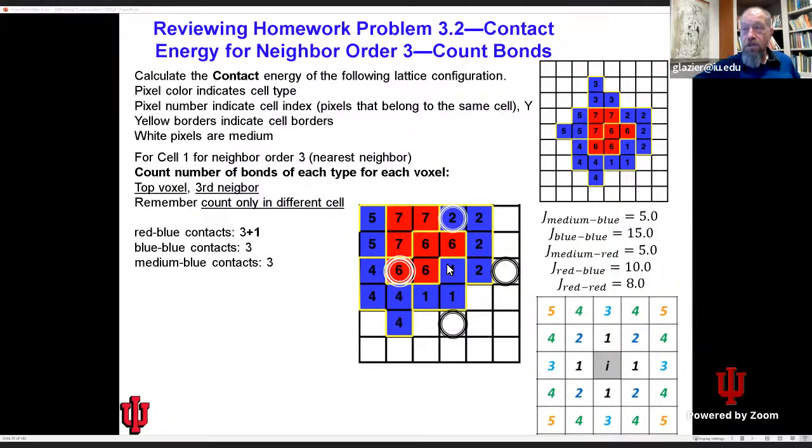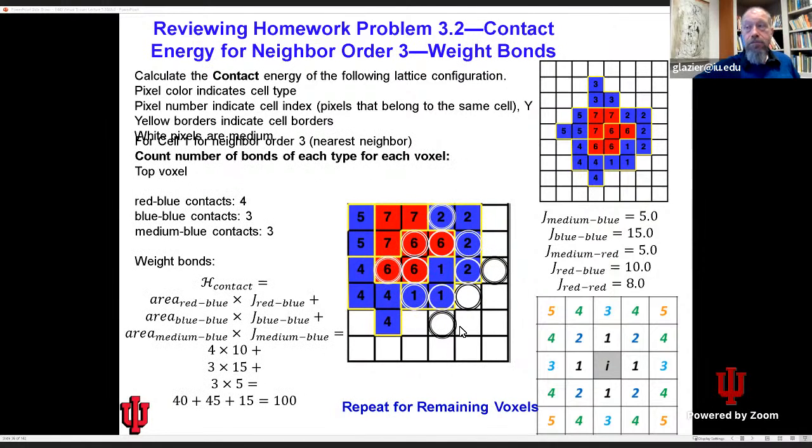And so this number 6 actually contributes 4 units of red, blue, just for this top voxel. Okay. And so now I have 4, 3, 3 as my contacts. 4 times 10, 3 times 15, 3 times 5, 45 plus 45 plus 15, 100.